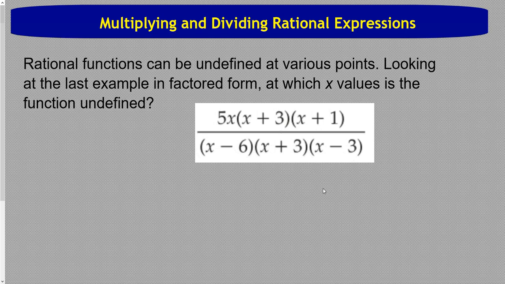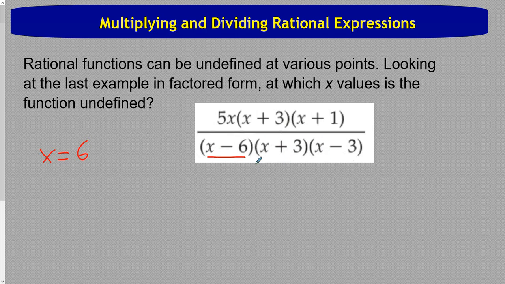So here's the same question, but before I canceled anything, this is it in factored form. At which x values is the function undefined? Well, if I plug in a 6, this becomes 0, right? 6 minus 6 is 0. So if that is 0, when I multiply by x plus 3, I still get 0. And when I multiply 0 by x minus 3, I still get 0.